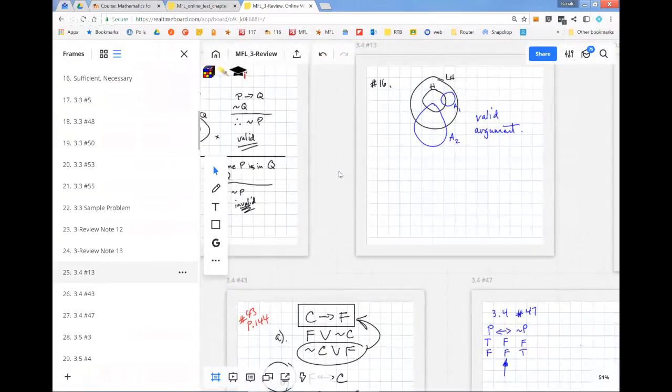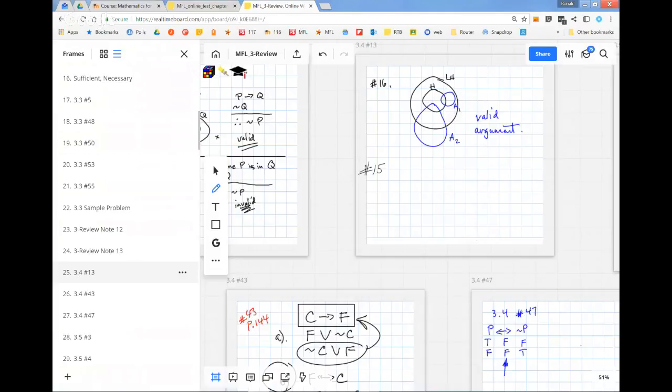So 3.4, now this is Euler diagrams. Number 15 on 3.4. Let me get there. Oh no, this one says use a truth table, doesn't it?